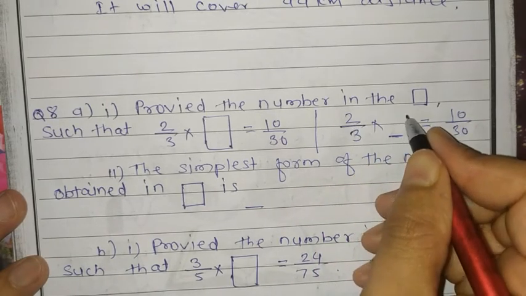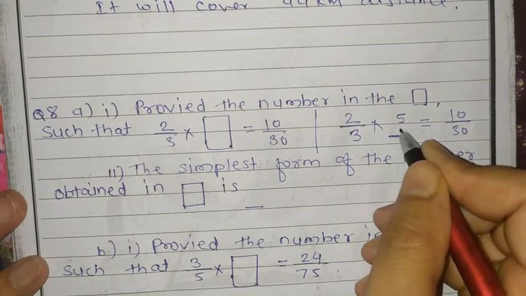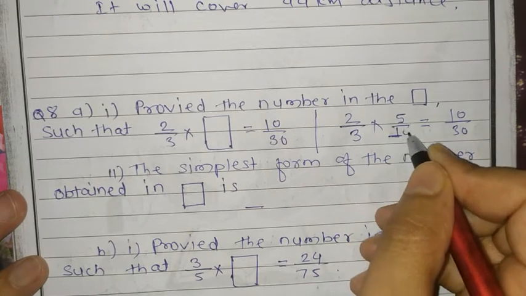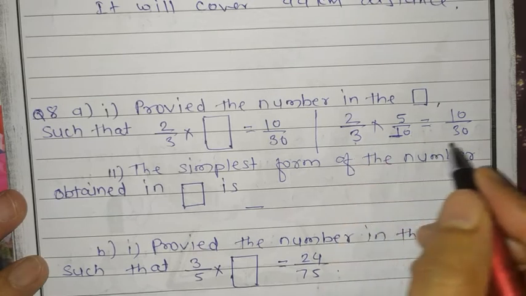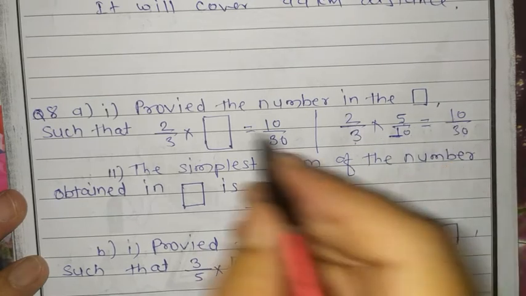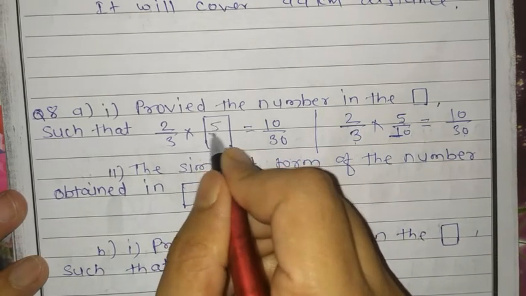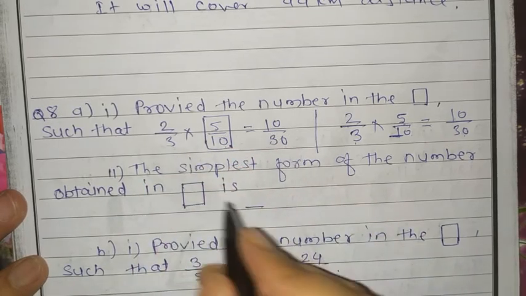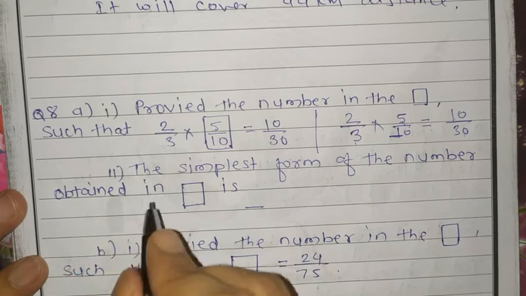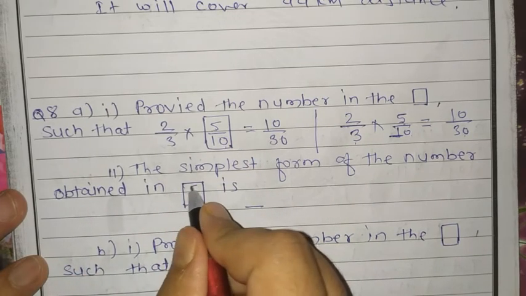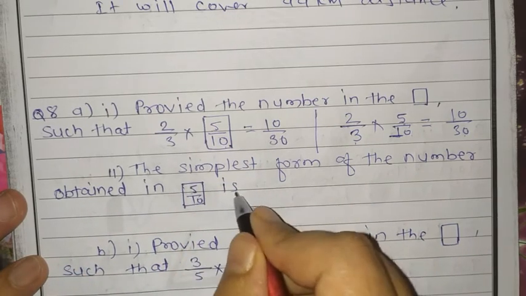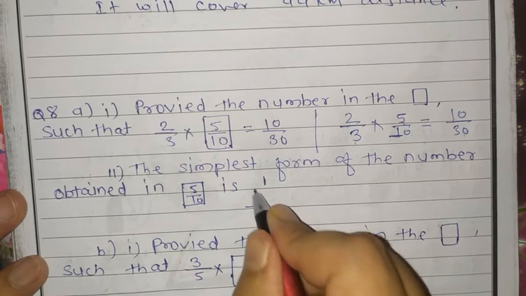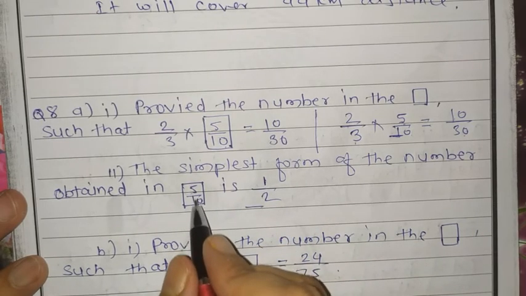If you multiply by 5, and downside if you multiply by 10, we will get 30. So 10 into 3 is 30, 5 into 2 is 10. So our answer is 5/10. The simplest form of 5/10 is 1/2, because both numbers are divisible by 5.